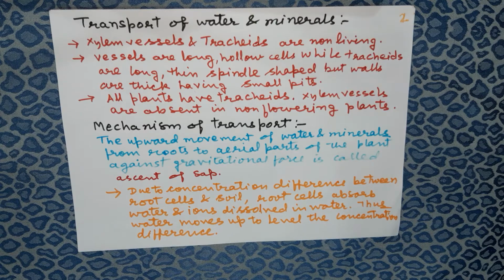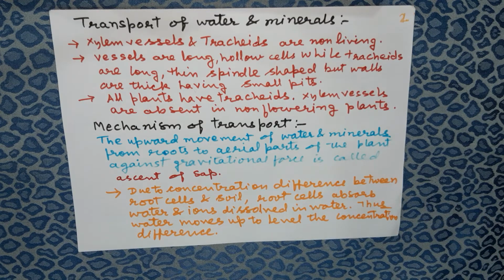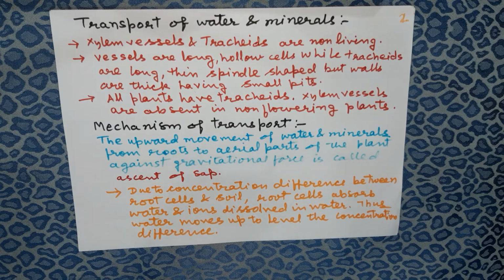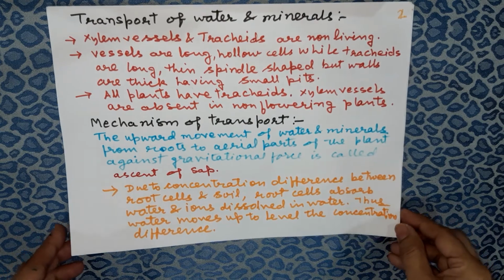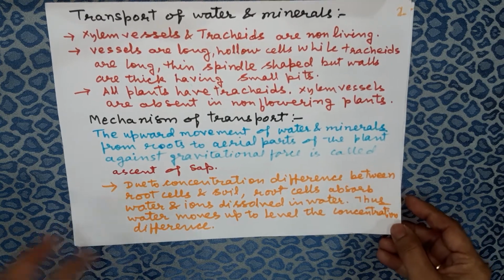This way water will move up because the concentration difference will be created throughout the column of the cells, in which water can move upwards to level the concentration difference, or you can say in the wake of the concentration difference, water moves up in the xylem vessels and tracheids.